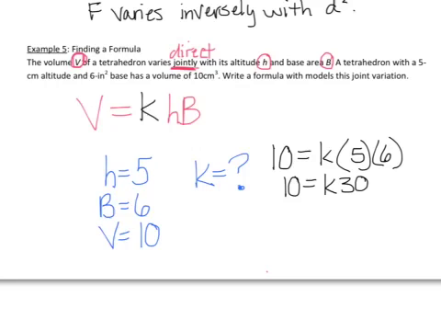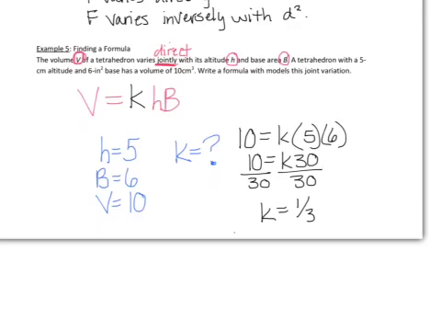Trying to get K by itself, so I will divide both sides by 30. So what does K equal when you reduce it? 0.3, so that's 1/3. All right, your final answer, all you have to do is write your formula with the K in there. So V equals 1/3 HB.